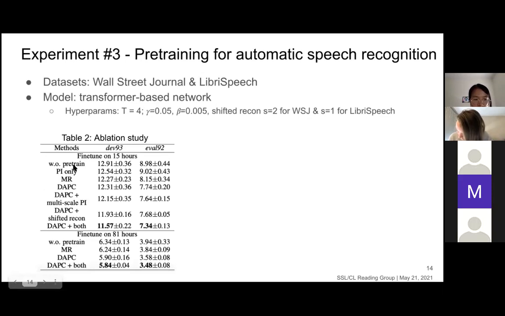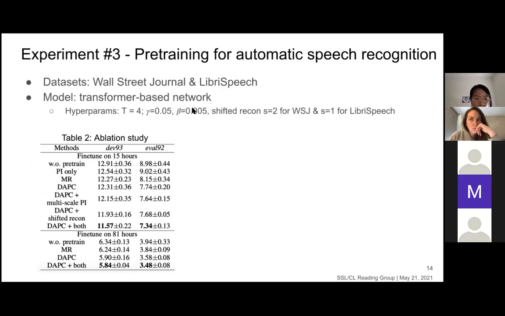For example, without pretraining, I believe it's just direct supervised classification, and PI only is only using the PI term in the objective, and MR is masked reconstruction only. And DAPC plus multi-scale PI is basically the alpha.